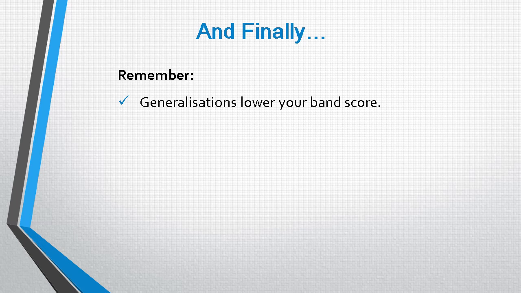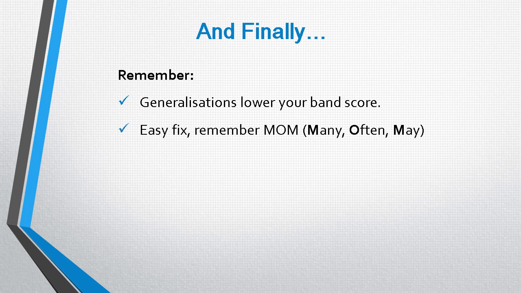And there's an easy way to remember some of those words, and it's simply the acronym MUM, M-O-M, and that stands for many, often, and may. Remember those 3 different ways to avoid making generalizations? Well, many includes also words like a lot of and some.